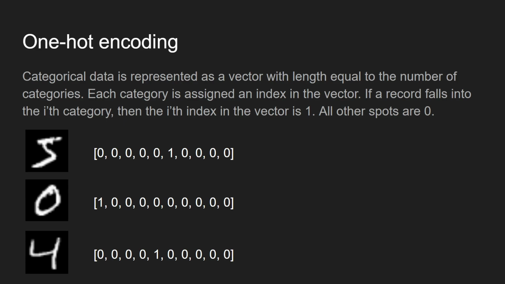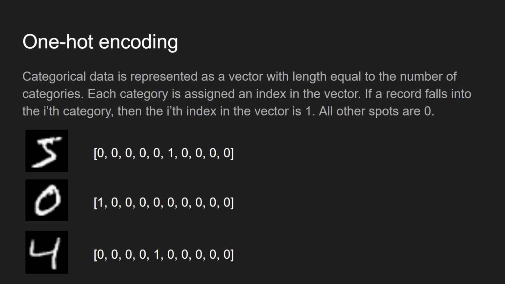Because if it's 1 and then all zeros, any wrong answer is the same distance from the correct answer. Like if you do Pythagorean's theorem or something like that, it's equidistant from the correct answer, no matter which wrong answer you choose. So there's no less wrong breed or less wrong category to choose. It's either just wrong or right. Exactly. Yeah, that's a very good way of looking at it.